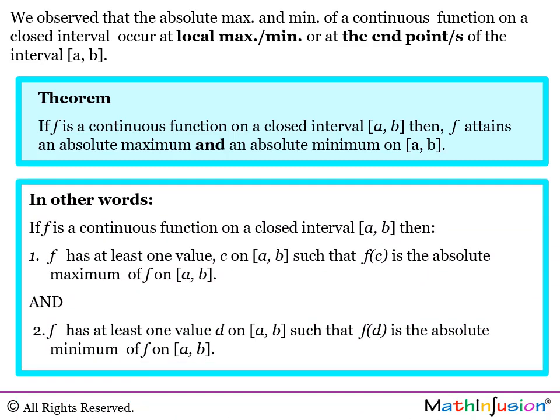In other words, first, f has at least one value c on the interval [a, b], including a and b, such that f(c) is the absolute maximum of the function f on the closed interval [a, b]. And second, f has at least one value d on the closed interval [a, b], such that f(d) is the absolute minimum of the function on the closed interval [a, b].